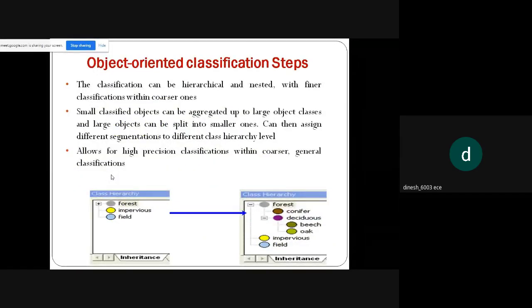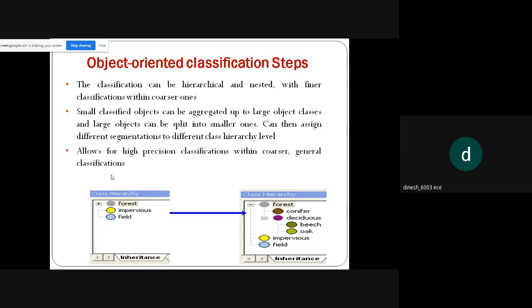Then we can classify this into further hierarchies of impervious, and the forests into coniferous forests, deciduous forests, leafy forest, or oak forests. This is the class hierarchies.